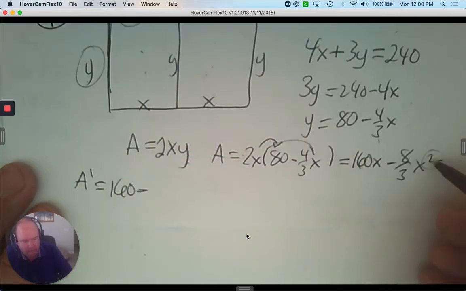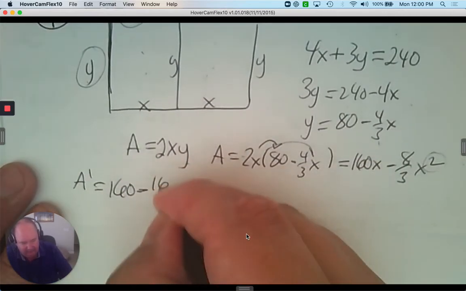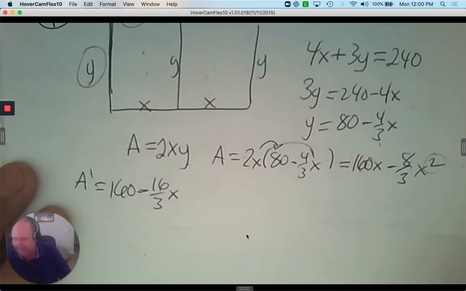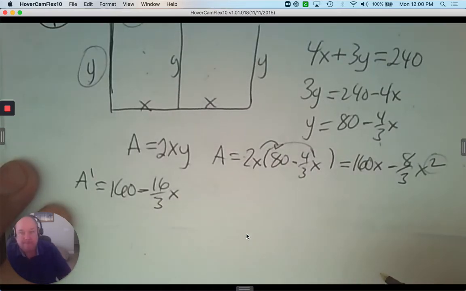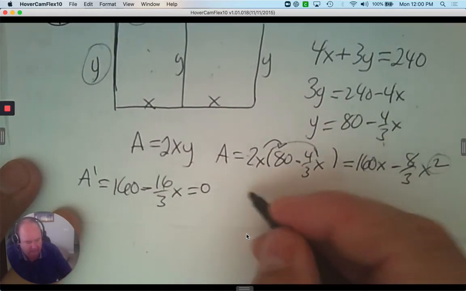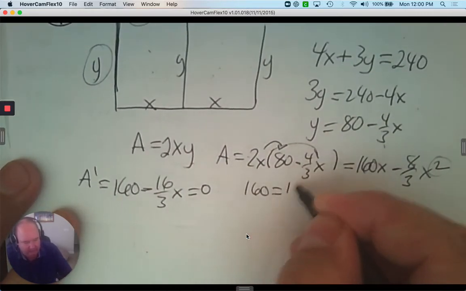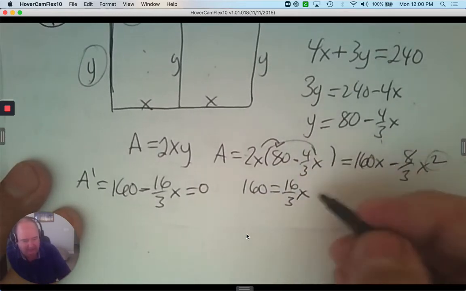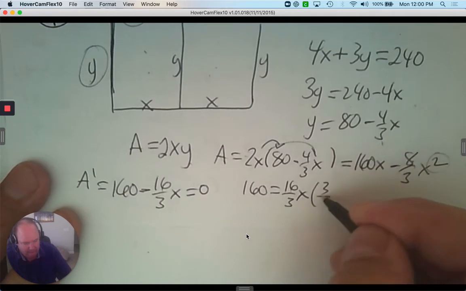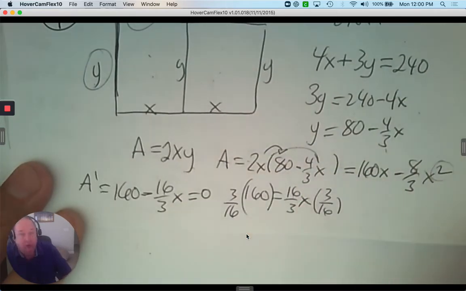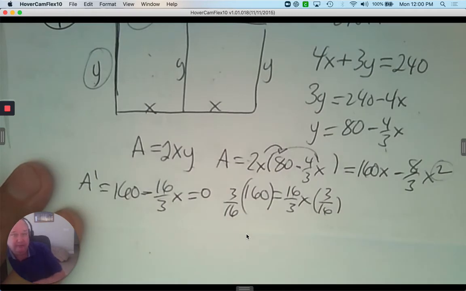Now when I go 2 times 8, that's negative 16 over 3. Subtract 1 from the exponent, it's just x. Make it equal to 0. When I solve it, I'll add 16 over 3x to the right side. Multiply by the reciprocal is how you get x by itself. So multiply by the reciprocal. Or you can multiply by 3 and then divide by 16.